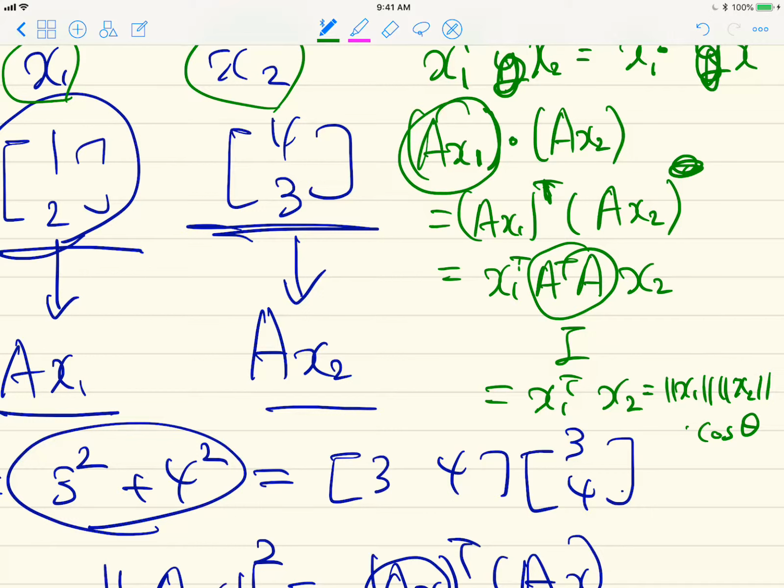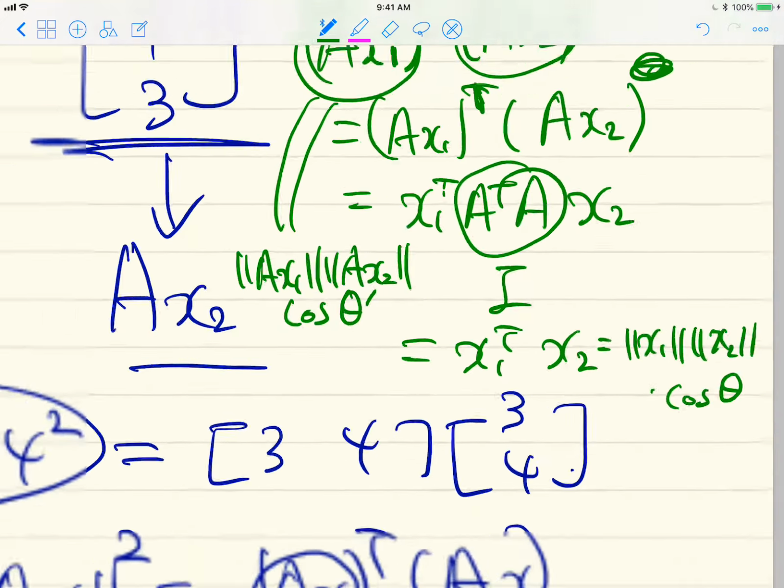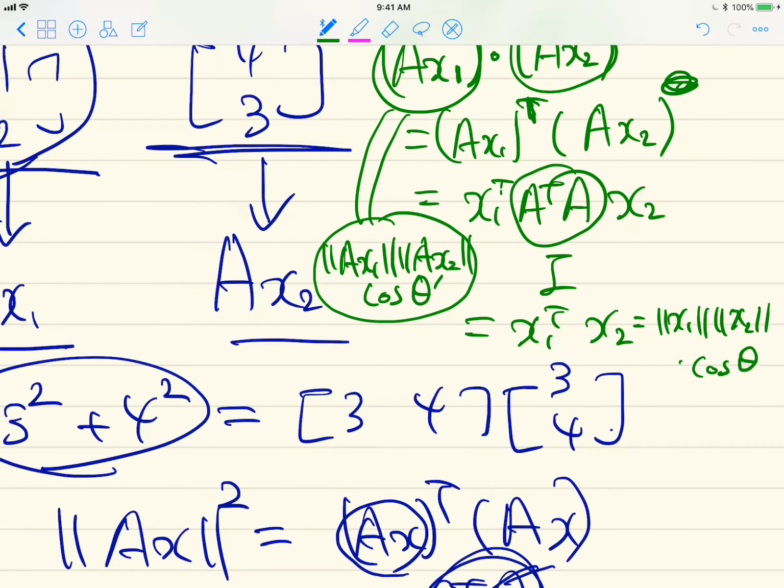Okay, so we have these two vectors, and if we represent their inner product as it is, it is like the length of the output of x1 and the output of x2 times cosine theta hat, or theta prime, for example, right? Let's compare this guy and this guy.